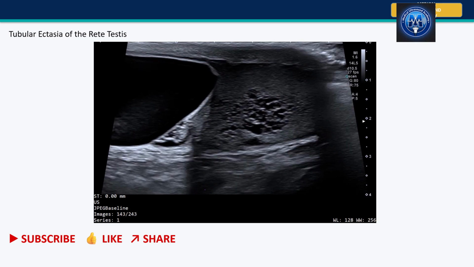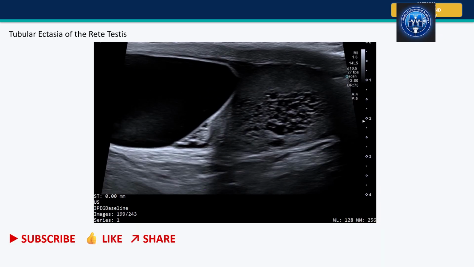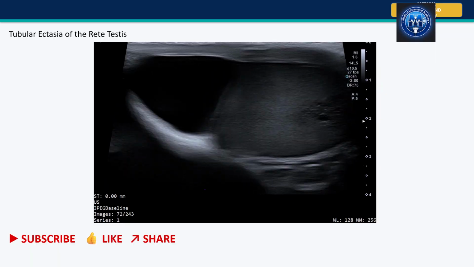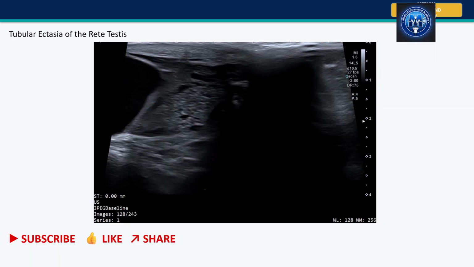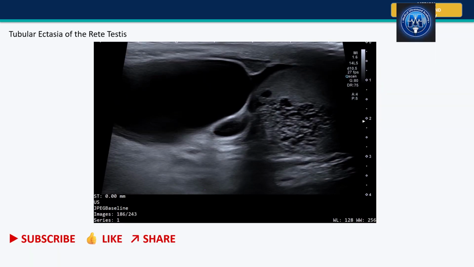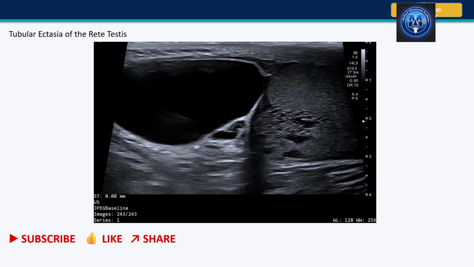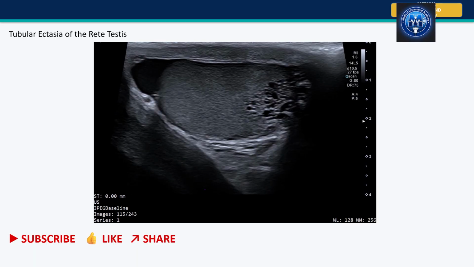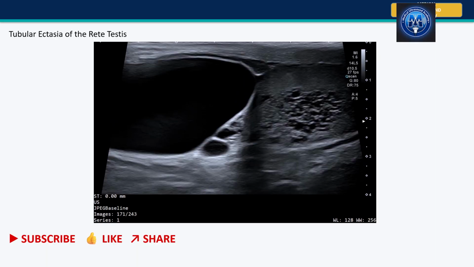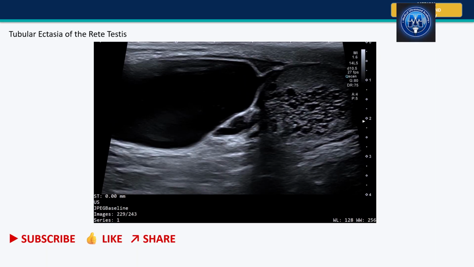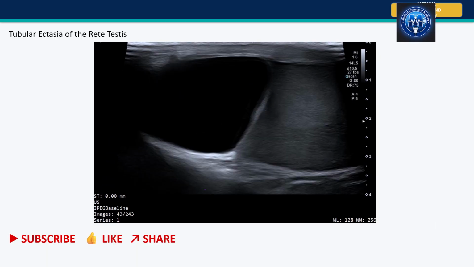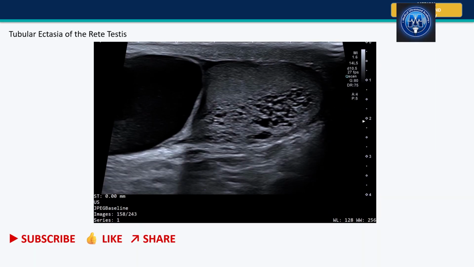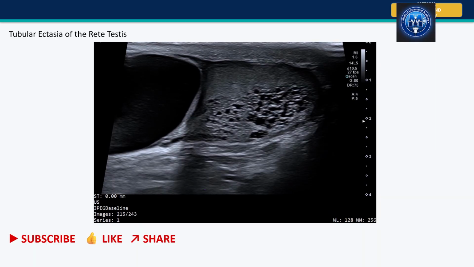So it's intratesticular tubular dilation or tubular ectasia. We can have the same ectasia happening in the head of the epididymis, in which case you will call that tubular ectasia of the epididymal head. So you must understand and appreciate that type of distinction.